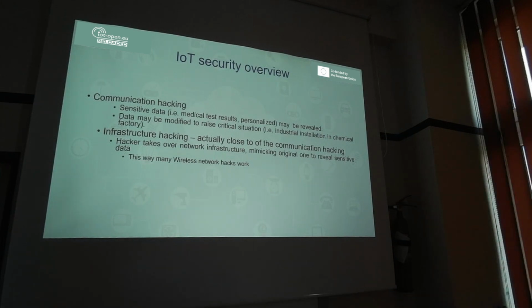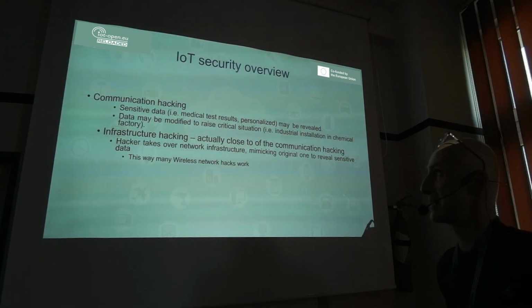The next level is communication hacking. What I mean by communication hacking is that IoT devices communicate over the network, and on the communication, starting from the edge level, this is mostly wireless communication. Also on the fog level, sometimes it's wireless communication.